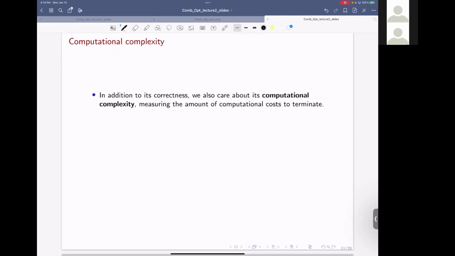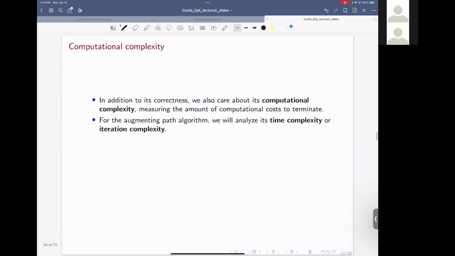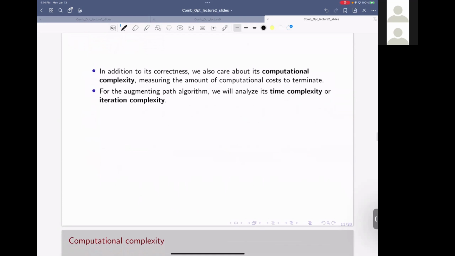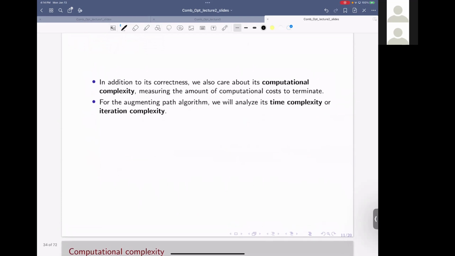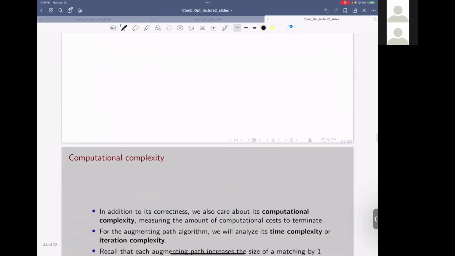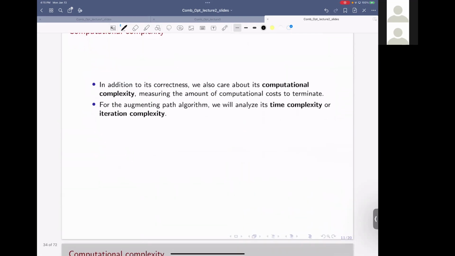Computational complexity gives you a measure of how complex your algorithm is, which comes from the amount of computation you need to do to find a final answer. It's quite important for evaluating the performance of your algorithm. For our augmenting path algorithm, we're going to look into the time complexity and iteration complexity, meaning the number of iterations we need to complete the algorithm. There's also the notion of space complexity. I'm just throwing out this terminology for those of you who are not familiar with it.